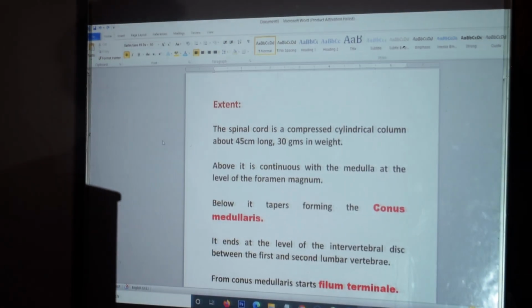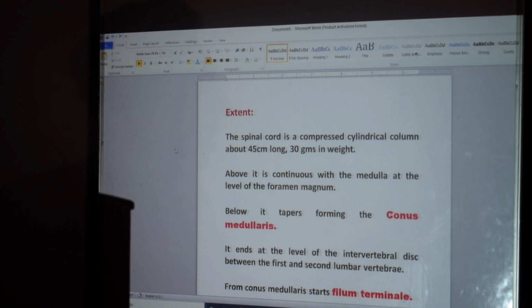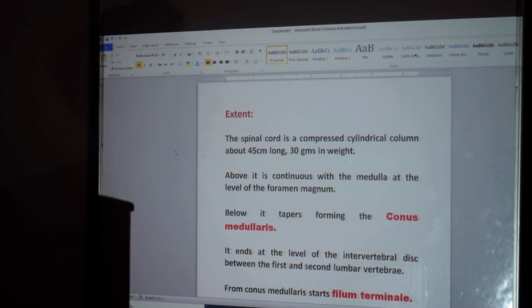Now, first of all, we have to remember that from the terminal end of the spinal cord, there is a fold of pia mater, which also takes its origin from the conus medullaris, and that is given the name filum terminale. There are three important terms which are associated with the spinal cord: conus medullaris, filum terminale, and cauda equina.